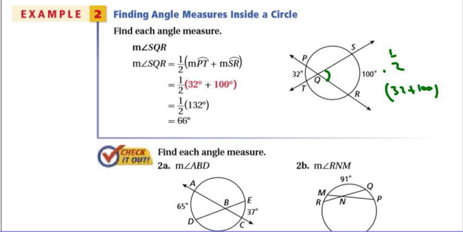Why? Because 100 is the measure of arc SR and 32 is the measure of arc PT. So half of 132 equals 66 degrees.